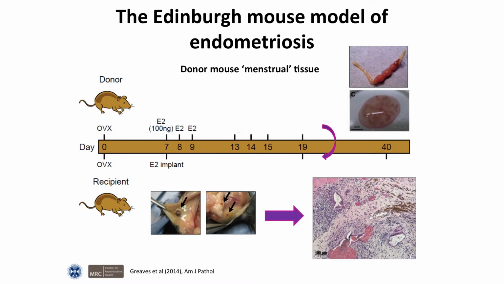We leave the mice for 3 weeks, and during this period they develop endometriosis lesions. Here are some examples of the lesions that we can collect. On histological examination, they look very much like human lesions. They have well-established stromal and epithelial compartments, as well as evidence of hemorrhage and hemosiderin, indicative of immune cell influx.